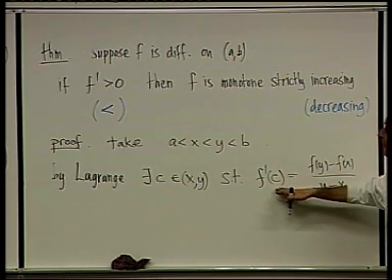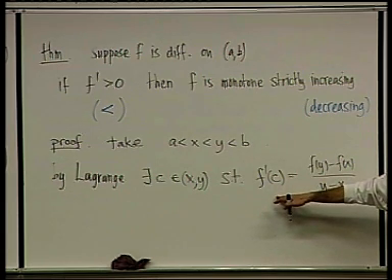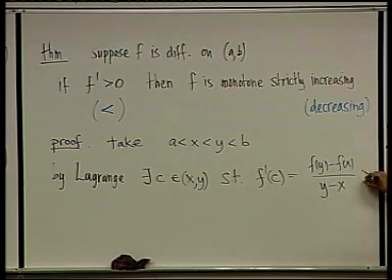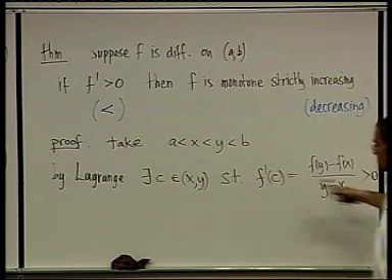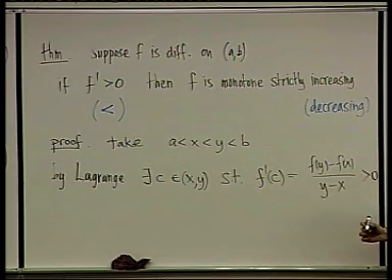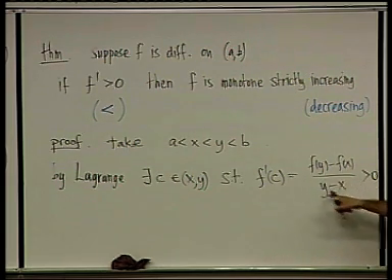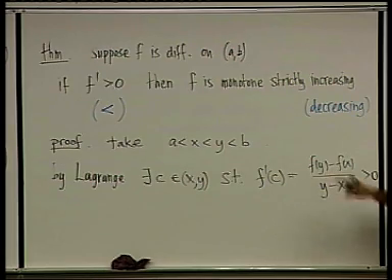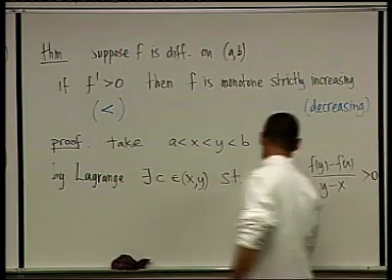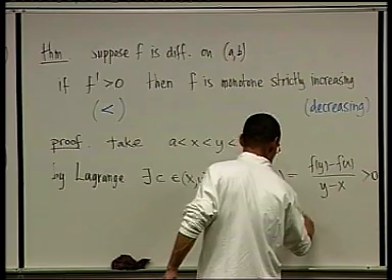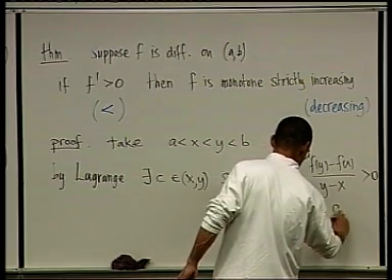What do I know about f prime at c? It's greater than 0. This is because of the assumption that f prime is positive for any x, in particular for c. This is positive, so that implies f of y is greater than f of x.